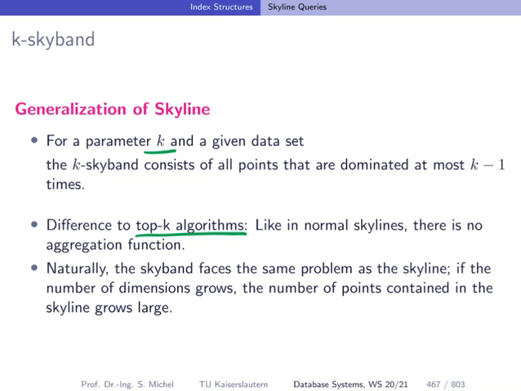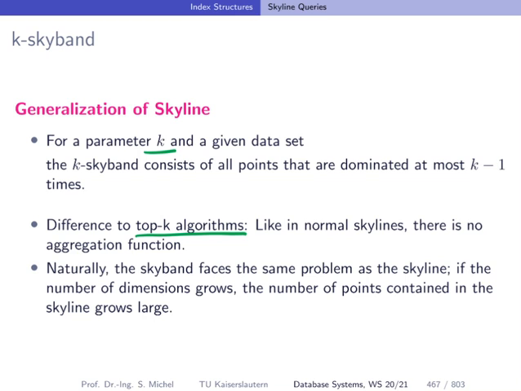Here we don't have any aggregation functions. Like for the normal skylines, it's the same concept. There are no aggregation functions. We cannot aggregate into a final score and just take the top k documents. Here, the k-skyband consists of more than k objects, usually, if the dataset allows.